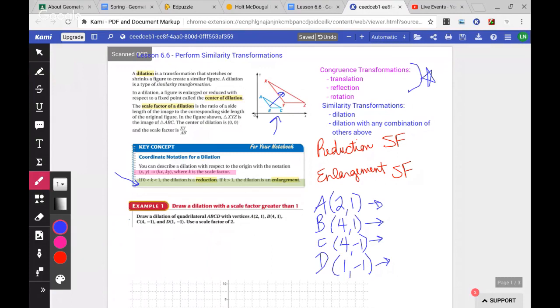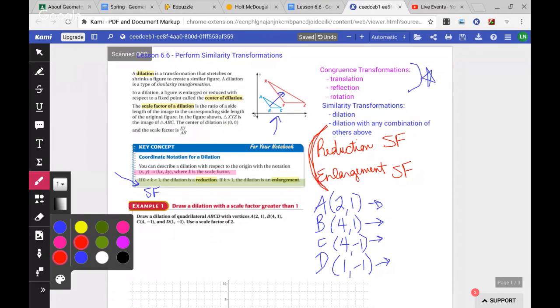That's what they're using to represent scale factor. If it's between 0 and 1, it's a reduction. It's basically less than 1, like if you take half. If it's more than 1, then it's an enlargement. So really important over here. Make sure you have this written down somewhere. If it's a reduction, the scale factor is less than 1. If it's an enlargement, it's going to be greater than 1.